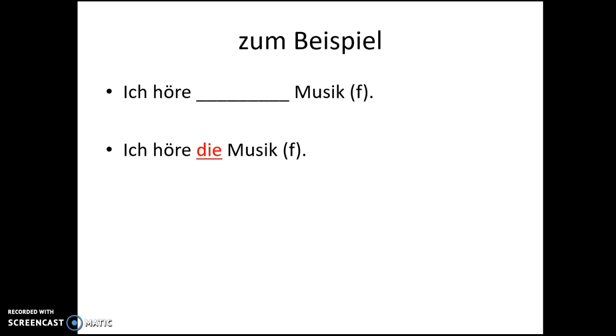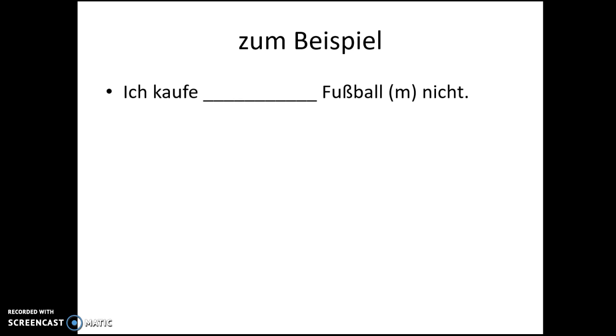Let's try another one. Ich kaufe, Fußball nicht. Remember, this is masculine. So let's think. The verb is kaufen, to buy. Who's doing the buying? I am, or the soccer ball? It would be ich.